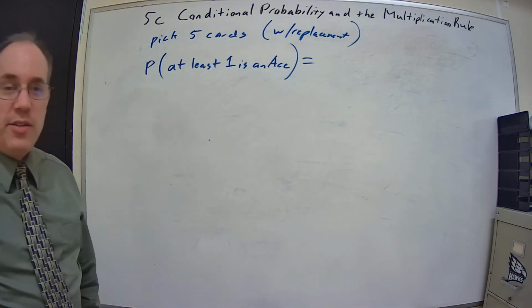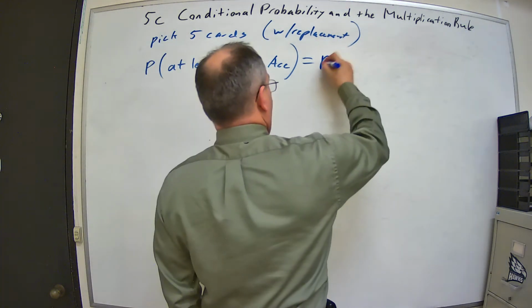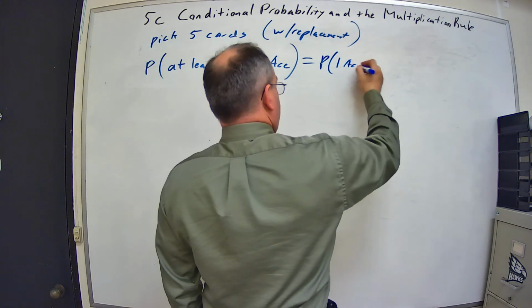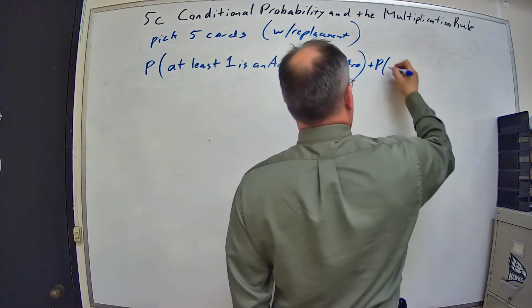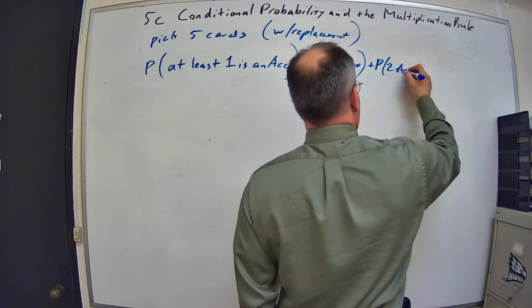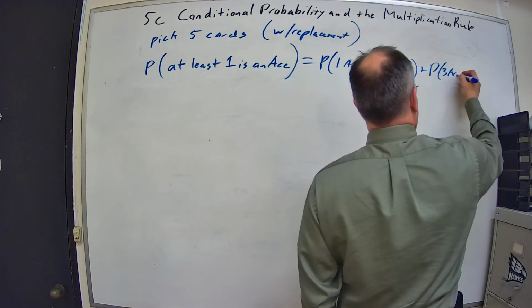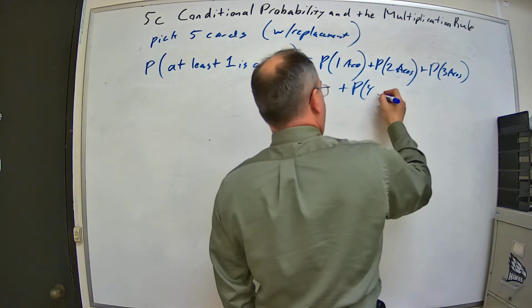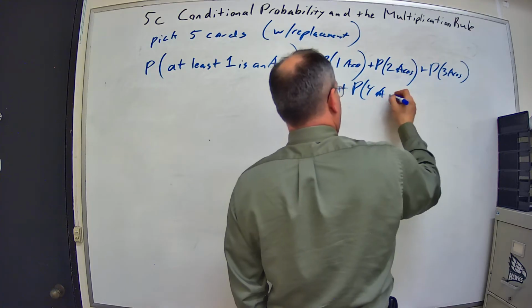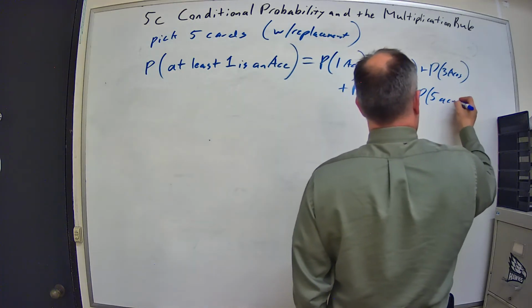Okay, well, what do we need to do then? That's equal to the probability that I get 1 ace, plus the probability that I get 2 aces, plus the probability that I get 3 aces, plus the probability that I get 4 aces, plus the probability that I get 5 aces.